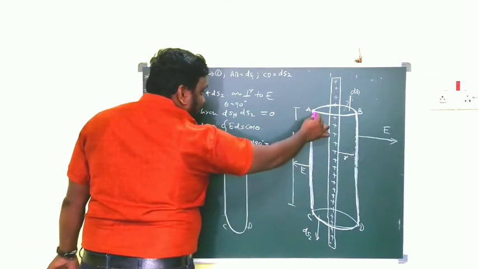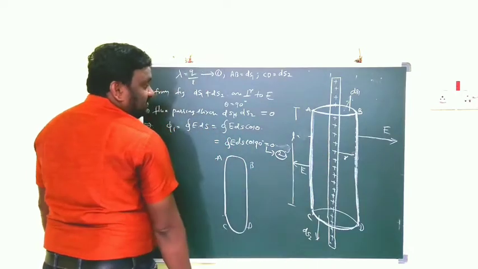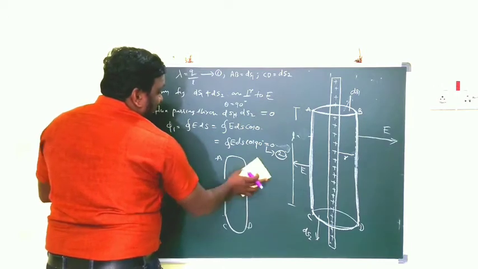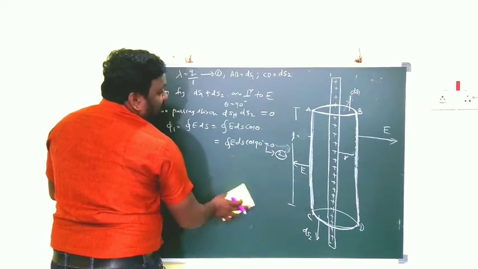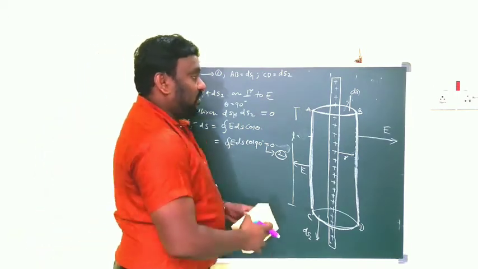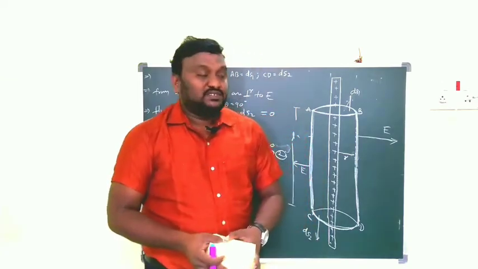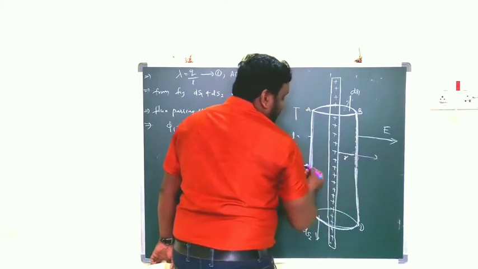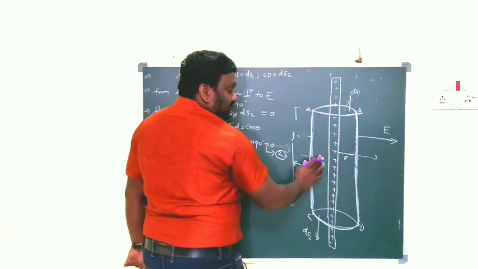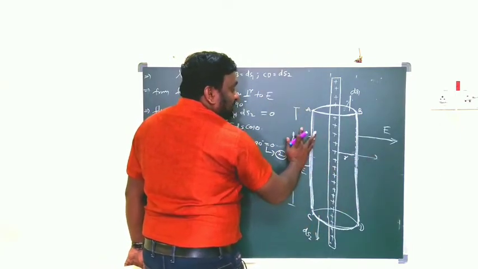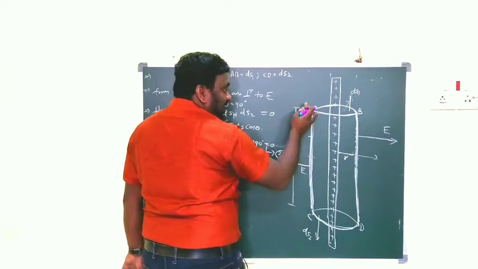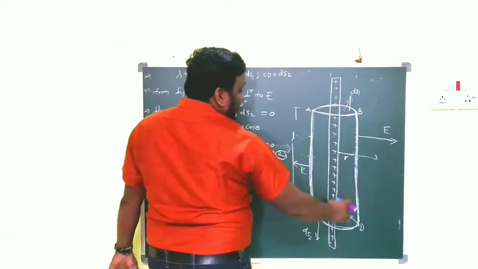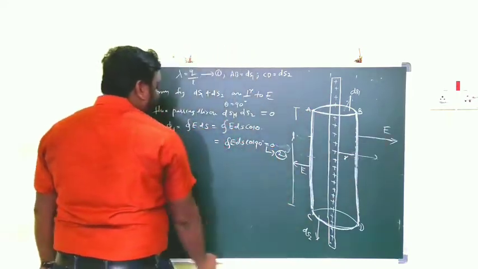These curved surfaces should be in the direction of the electric field intensity. The electric field intensity is like this, so simply we show it like this. We are selecting a curved surface A, B, C, D, which is parallel to the direction of the electric field intensity.